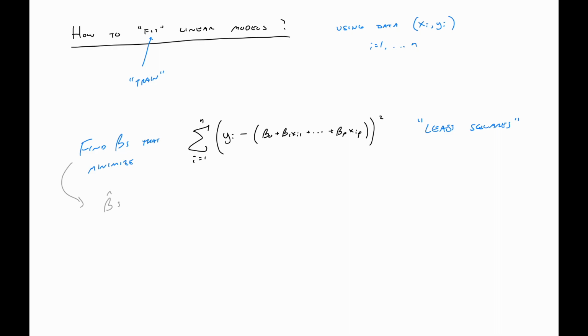A bit more specifically, what this procedure does is it will give an estimated mean function which has the beta hats, and this is an estimate of the true mean function.